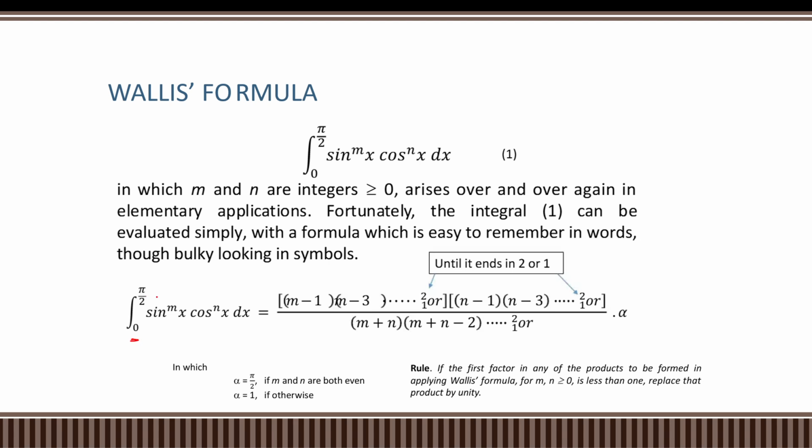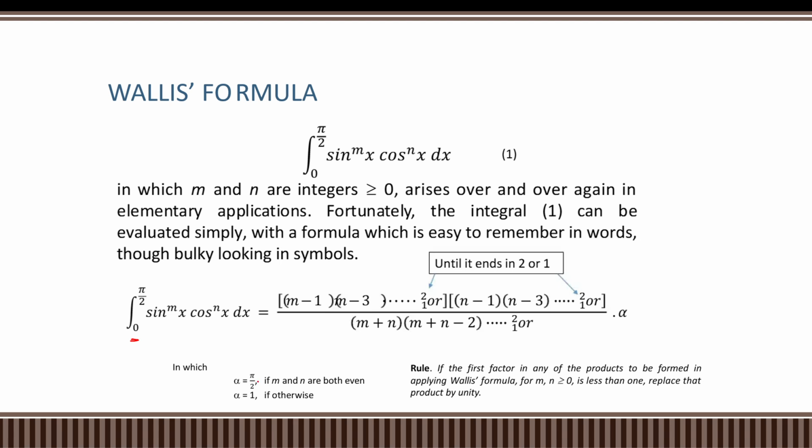So we can apply this Wallis formula if we could reduce or transform the integral to the form from 0 to pi over 2 of sine^m x cos^n x dx. The formula is the product of (m minus 1)(m minus 3) down to 2 or 1, times (n minus 1)(n minus 3) down to 2 or 1, over (m plus n)(m plus n minus 2) down to 2 or 1, times alpha.